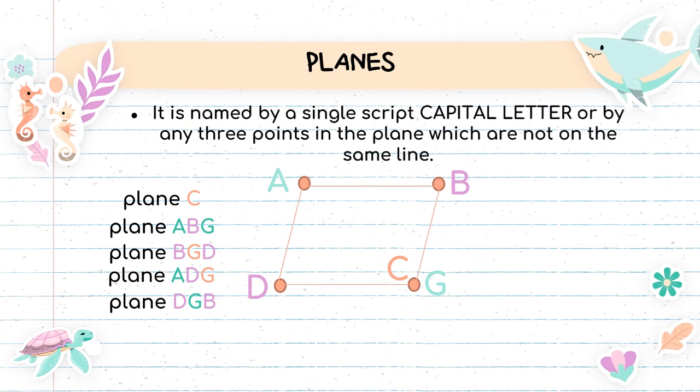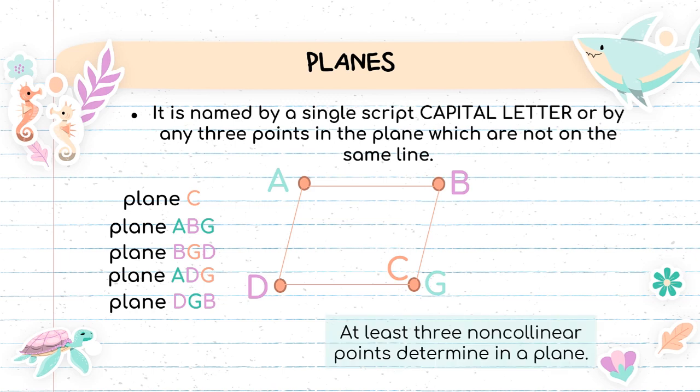Those are the planes in our figure. At least 3 non-collinear points determine a plane. Three. The minimum should be three.